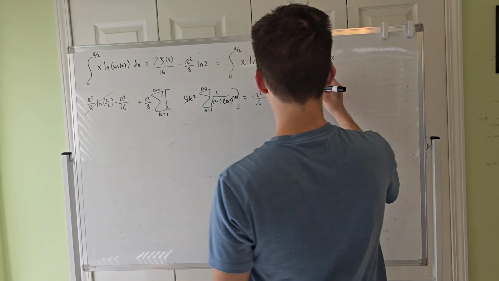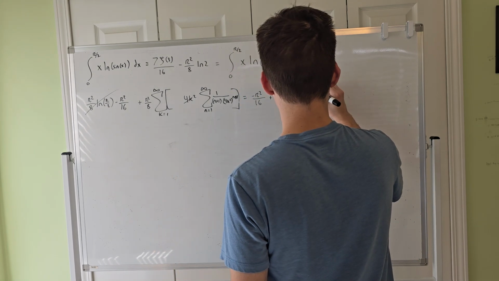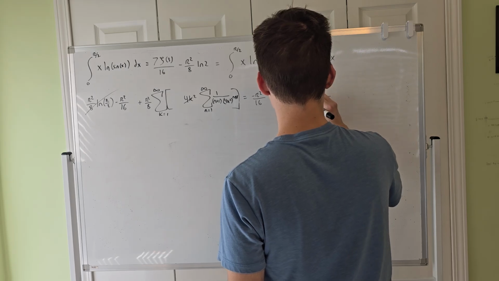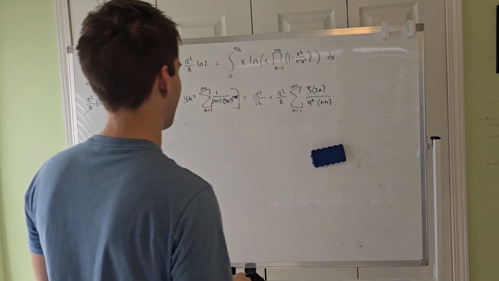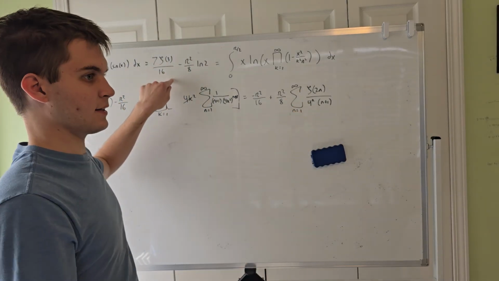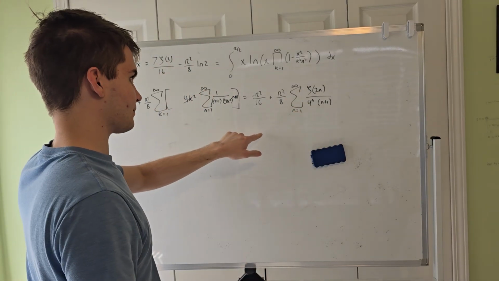So that means, in fact, what we end up with is zeta of 2n over 4 to the n times n plus 1. And keep in mind, this solved the same integral that this did, so we can just equate these two.